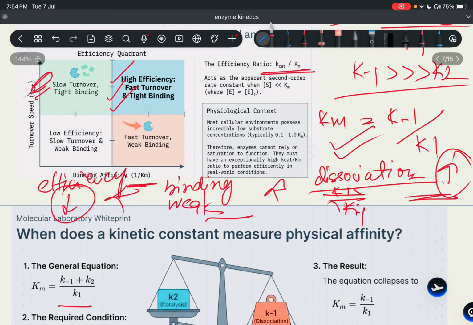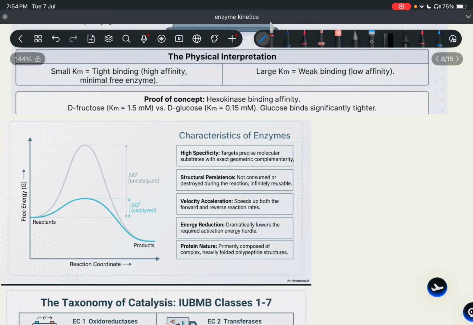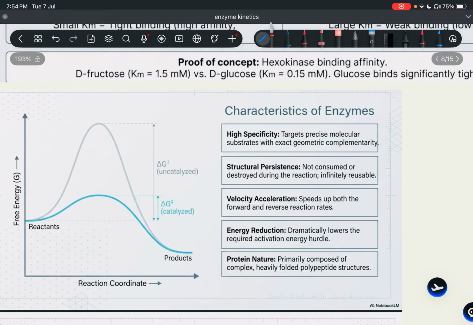So let's not go into that. Okay. The characteristics of enzymes: highly specific, precise molecular substrates are required with exact geometric complementarity. There are two models, we also discussed that. There is structural persistence, so that it can be indefinitely reused.